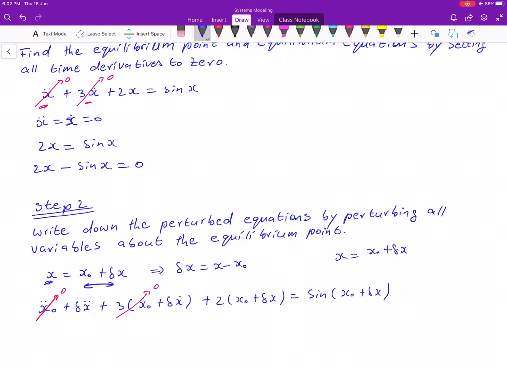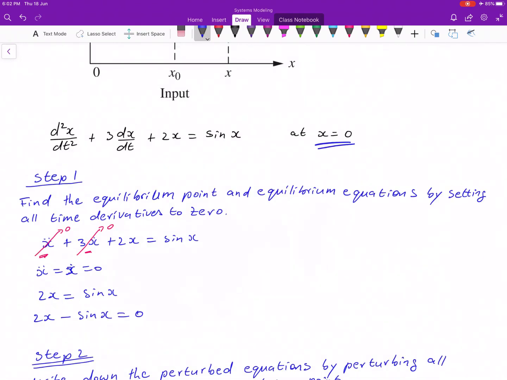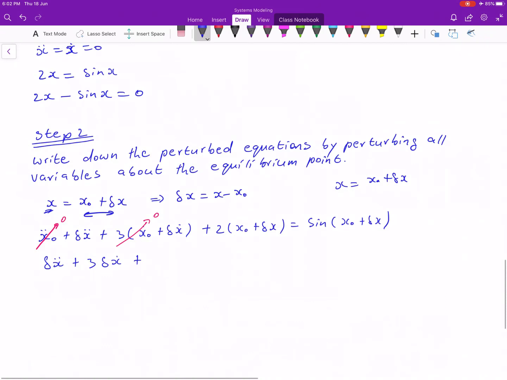So we are going to have delta x double dot plus 3 delta x dot plus, and we said also x naught was 0, because this is the point that we want to find our equilibrium at. So 2 x naught is 0, so I can disregard that.